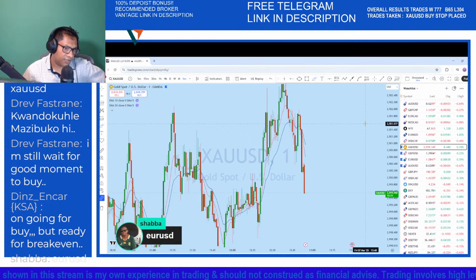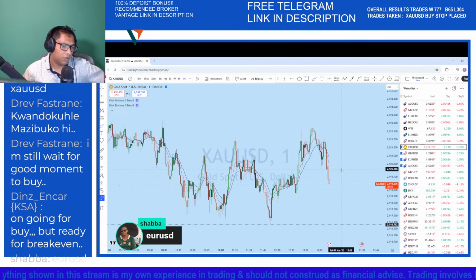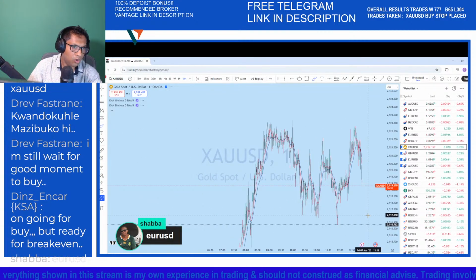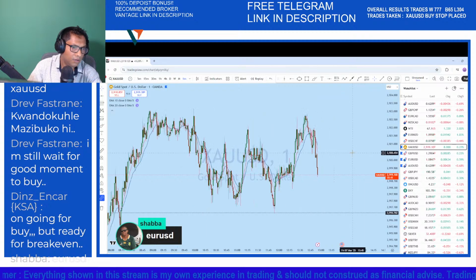Like to see that, you can see it's coming again to the support. So once it will drop well below that level, that's where you will be looking for entry here.